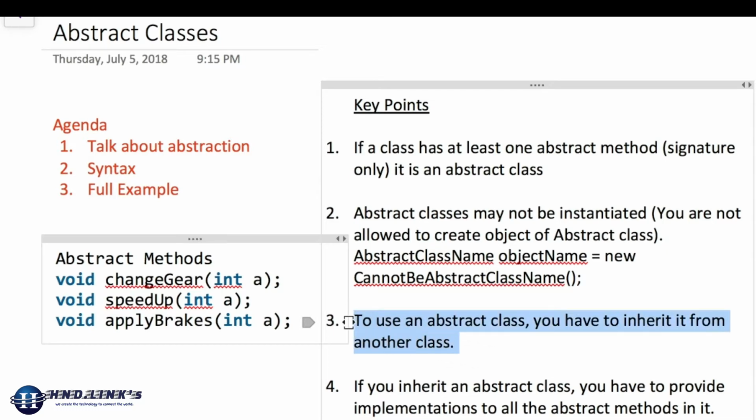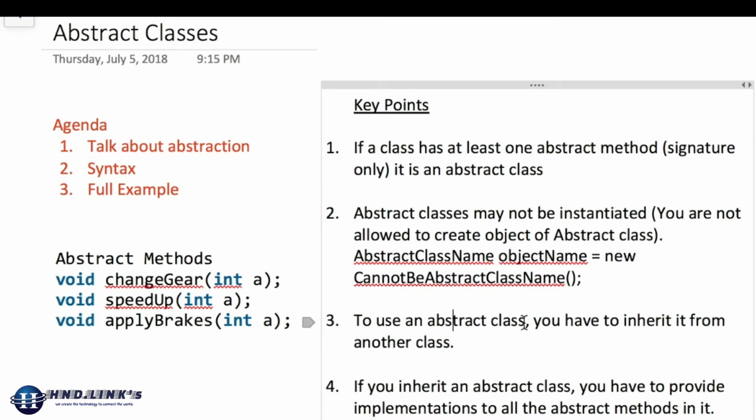Since you cannot instantiate an abstract class itself, you need a child class, so that you can point towards the abstract class but instantiate its child class, if that makes sense. Because if you don't have a child class, then the abstract class is pretty much useless. It's actually completely useless.